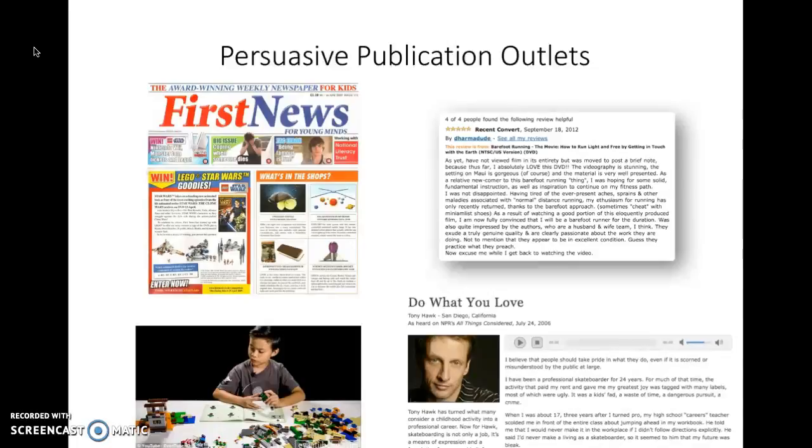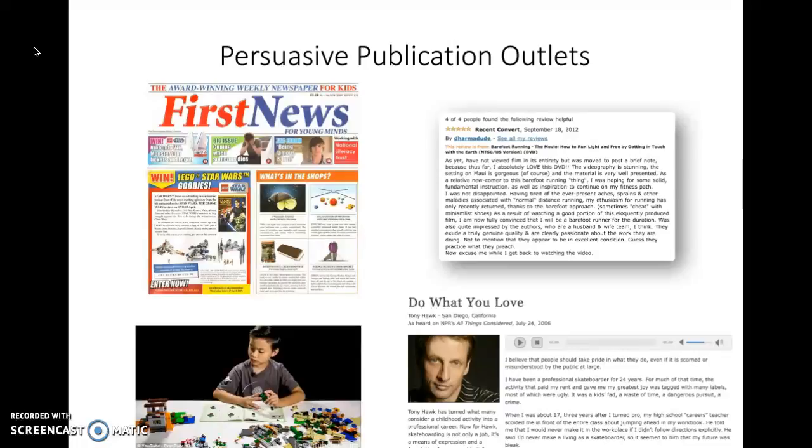Of course, Goodreads or Amazon, in which kids are giving book reviews. In the bottom right-hand corner is This I Believe essays, and those are essays that can be written by anybody. It's an NPR podcast that I recommend you check out because some of those can be very powerful pieces of writing that maybe persuade you to think or feel about a particular cause or a particular topic that you've never really thought of in a different way.